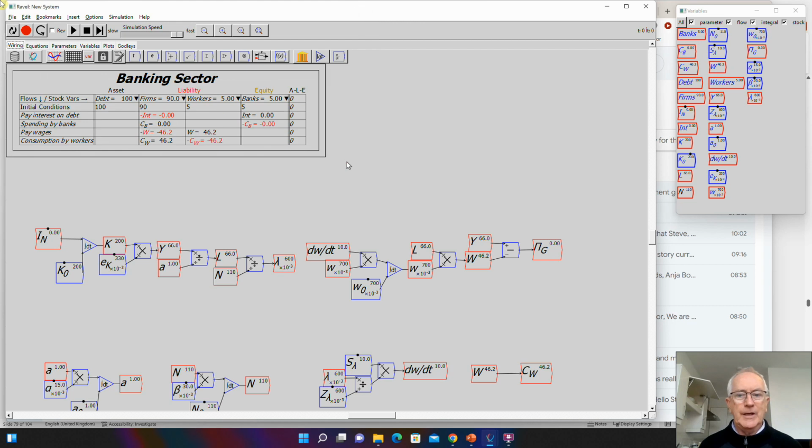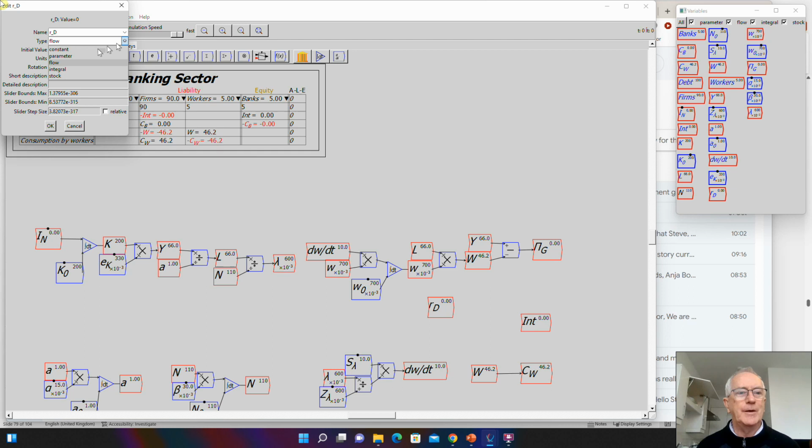And now again, for simplicity, I've now got interest to define, so I bring interest, and these are all in alphabetical order here, so just look that way. There's interest, and that is equal to the rate of interest, so I'm going to call this R underscore D for debt. One of the hassles, debt and deposits using the same character is a bit of a pain. Make this a parameter, say 5%, maximum 20.